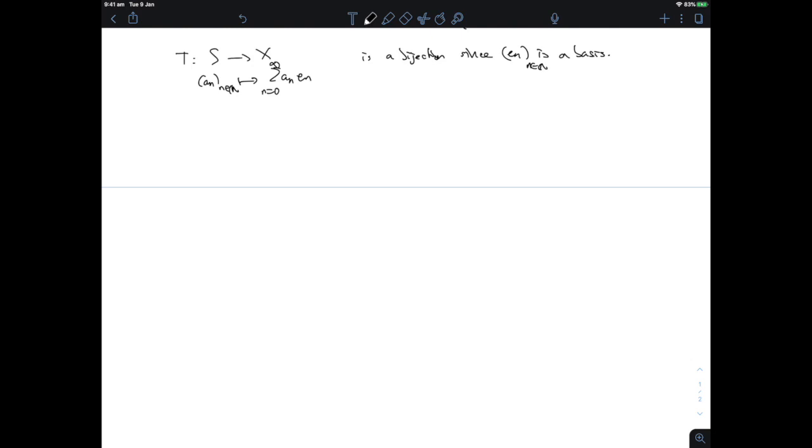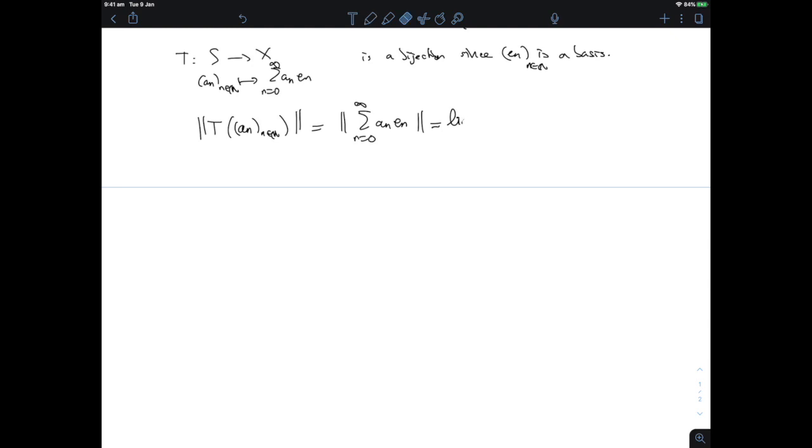Okay, now do we have an isomorphism? Well, let's have a look at continuity. So what happens when I look at T of An, and look at the norm of that in X? Well, that is the norm of the sum An En, n equals 0 to infinity, which is the limit as capital N goes to infinity of this sum.